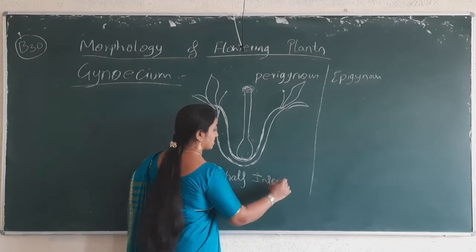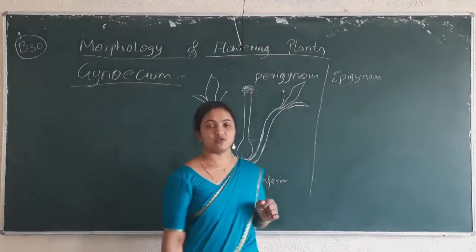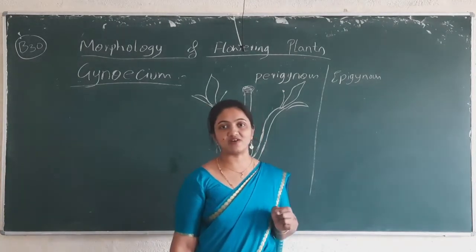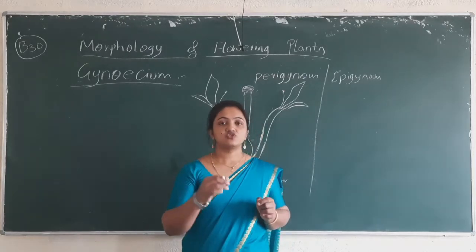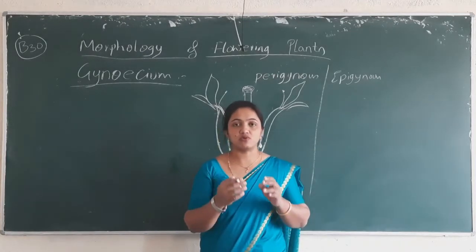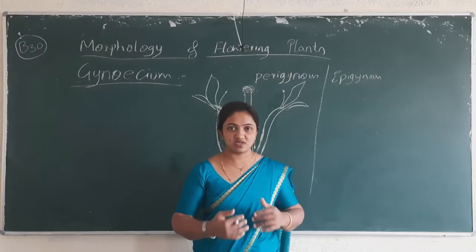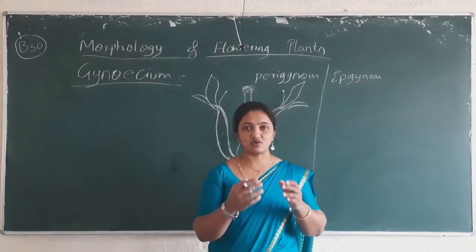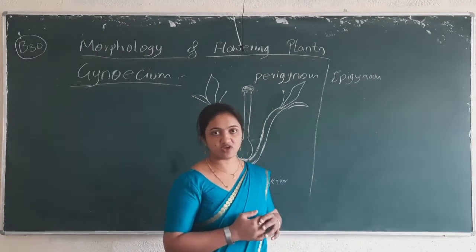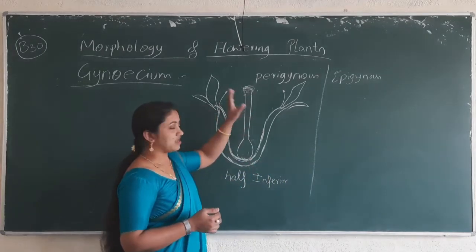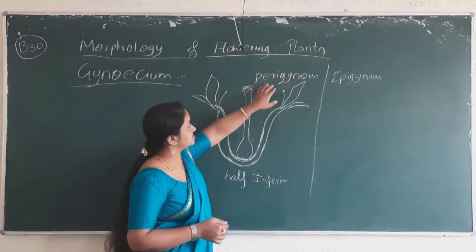But in the previous type of flower, the hypogynous flower, the ovary is in superior condition and all the other parts arise from the bottom of the flower. That's why it was known as hypogynous.